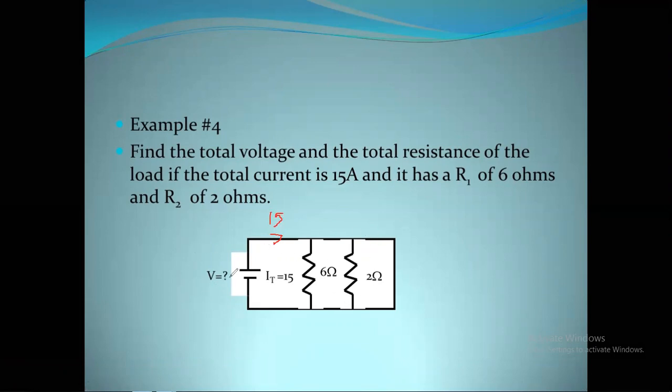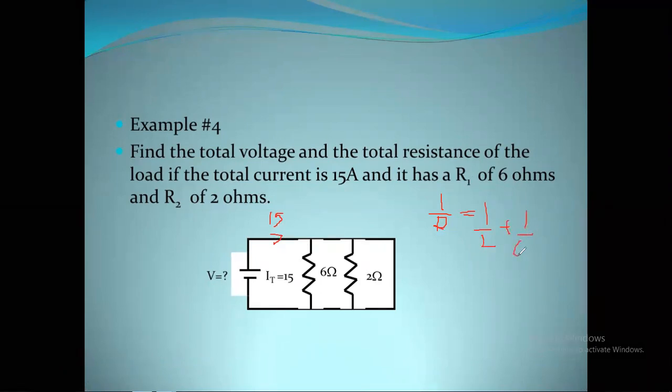If you want to find the total voltage, we know the total current, we need the total voltage, therefore we need to find the total resistance. How do you find it? You can apply 1 over R equals 1 over 2 plus 1 over 6, right?